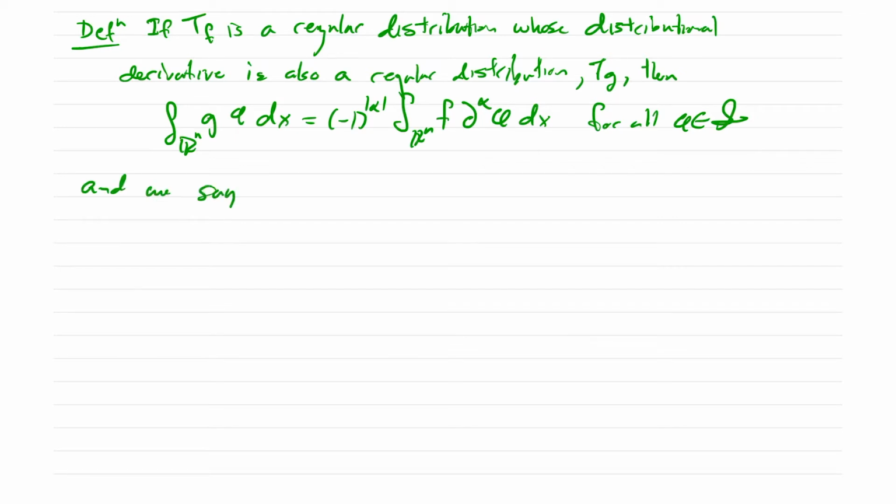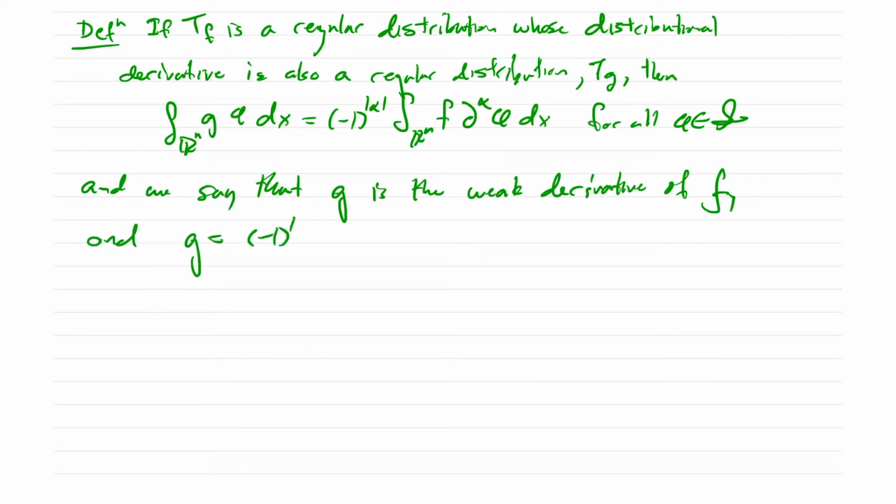And we say that g is the weak derivative of f, and g is equal to D^α f. So basically we could have functions f that aren't technically differentiable, so they might have jump discontinuities, but they might define a regular distribution when you take the derivative, so those discontinuities might vanish.